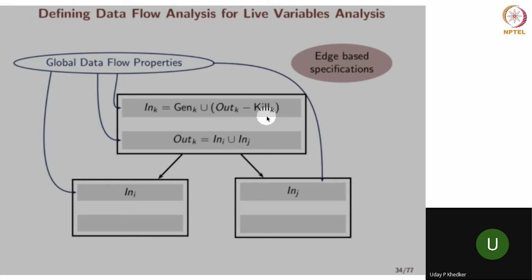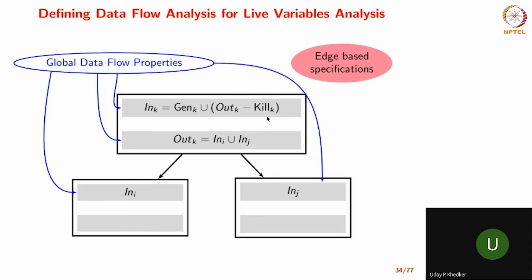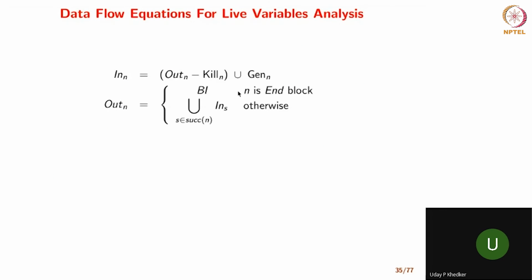So with that knowledge, let's now look at how we write this mathematically. Whatever we showed here pictorially, we have written mathematically. We say in of n is equal to out n minus kill n union gen n, and out n is equal to the union of in of successors.